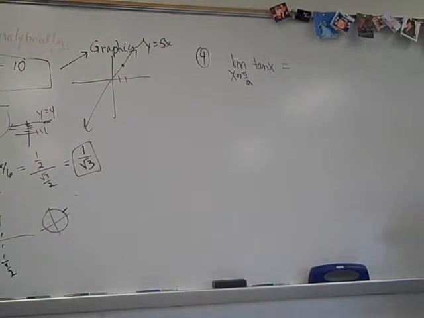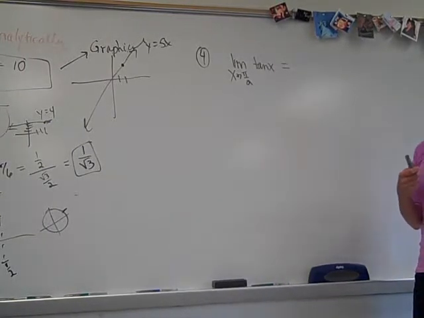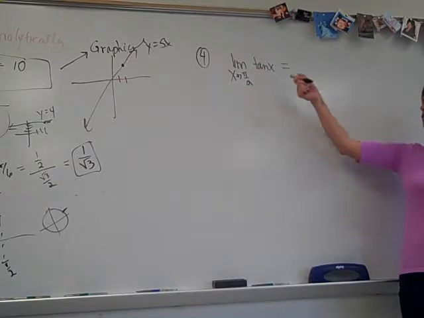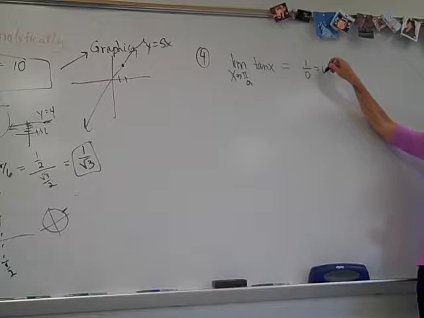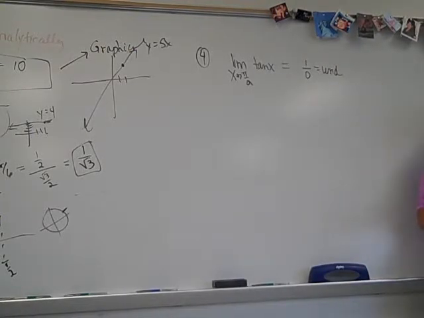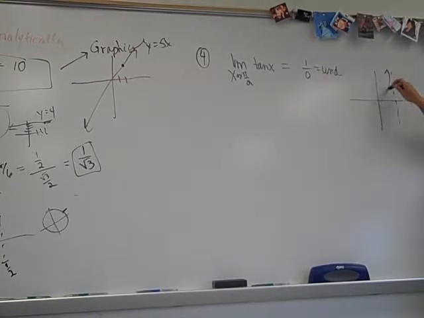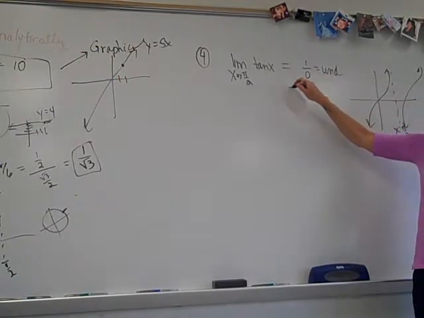You can choose to say, when I plug it in, I get 1 over 0, therefore it's undefined. That's not going to be good enough, because I'm going to want to know, is it infinity or negative infinity, or does it not exist? You're going to have to take a look at the graph. Because I know the graph looks like this at pi over 2, and from the left I'm going there, and from the right I'm going there, this does not exist.